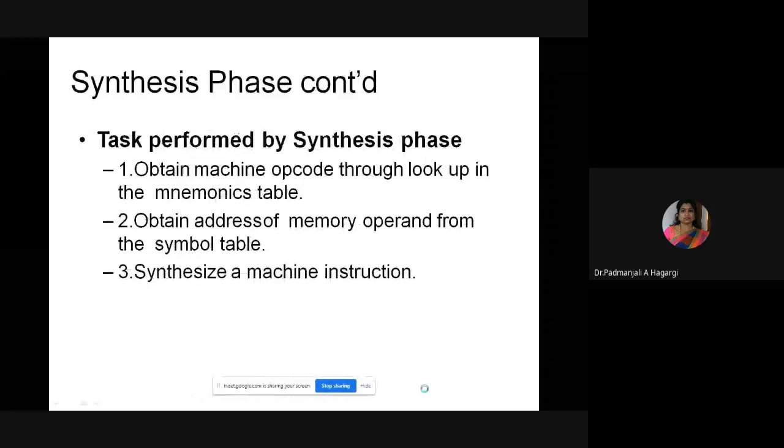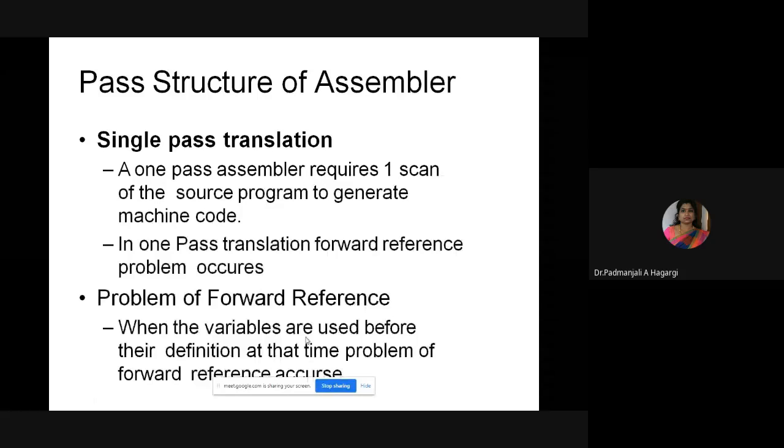So here is the pass structure of the assembler, single pass translation and the problem of forward references. A forward reference is a type of statement where a variable is used at the start, but its definition is given somewhere at the end of the program. So at that time, how does it solve it?